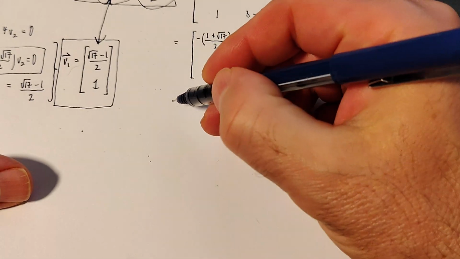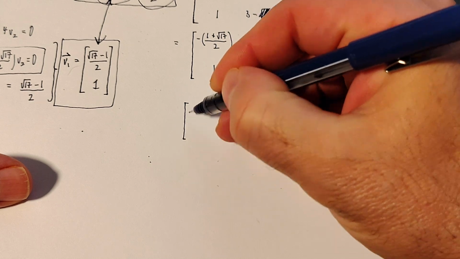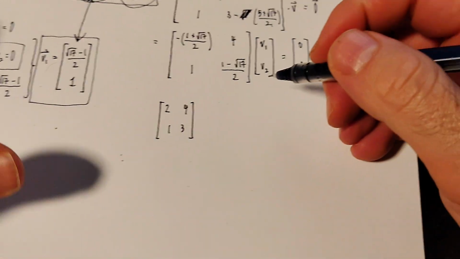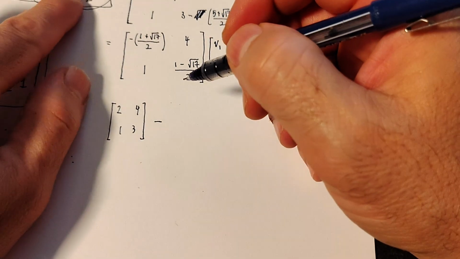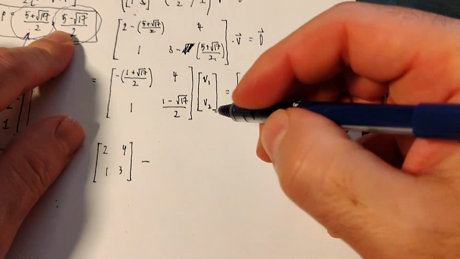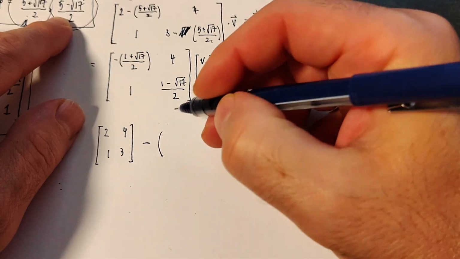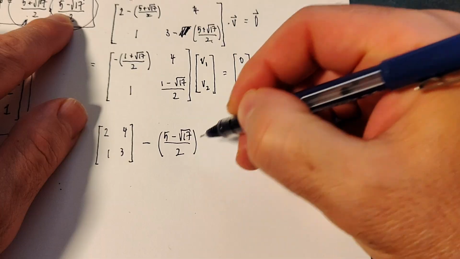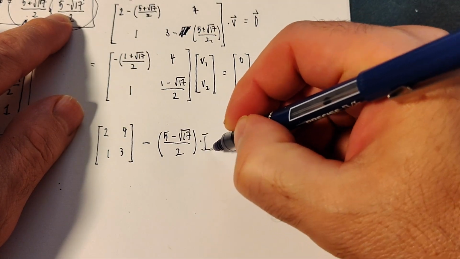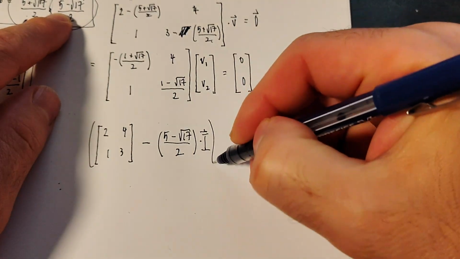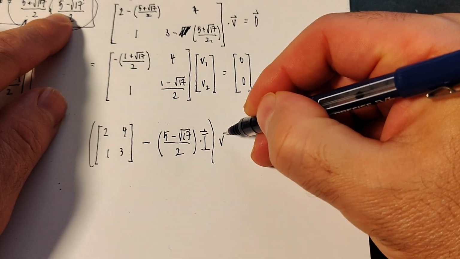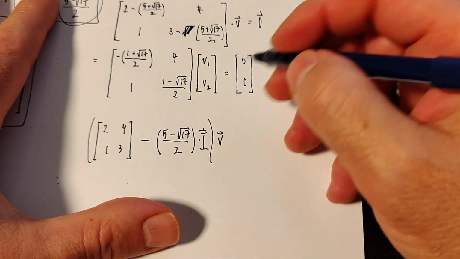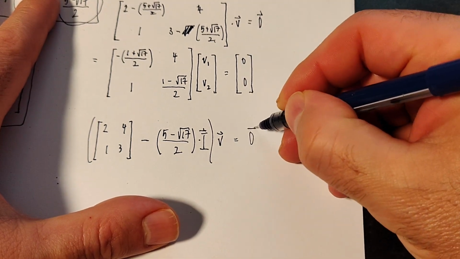So again, we'll have 2, 4, 1, 3, that matrix A, minus, now we're going to use this eigenvalue here, 5 minus root 17 over 2, times the identity matrix times V2, you can leave it as V if we want, is equal to 0.